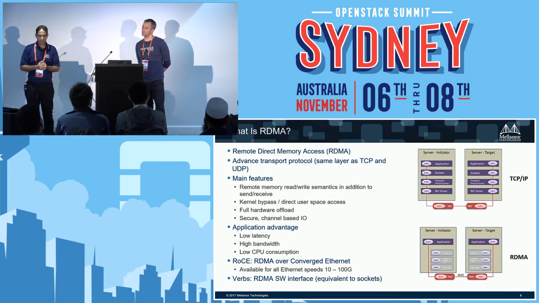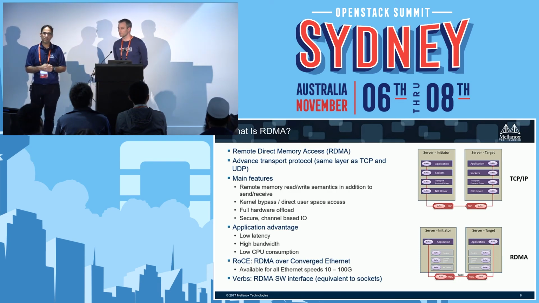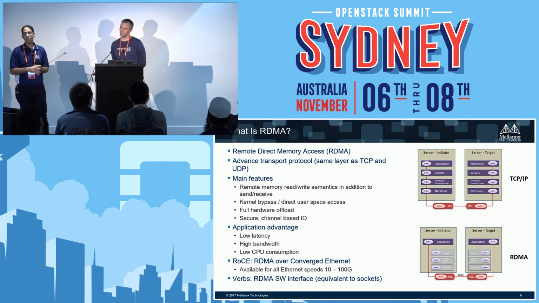So all the networking is done by the NIC rather than on the CPU. At the end of the day, from the application perspective, it provides low latency, high bandwidth, and low CPU utilization. It is very common in high-performance computing, in-memory databases, but now also in machine learning.